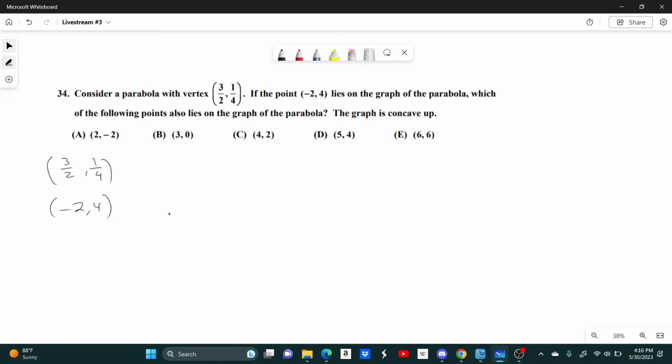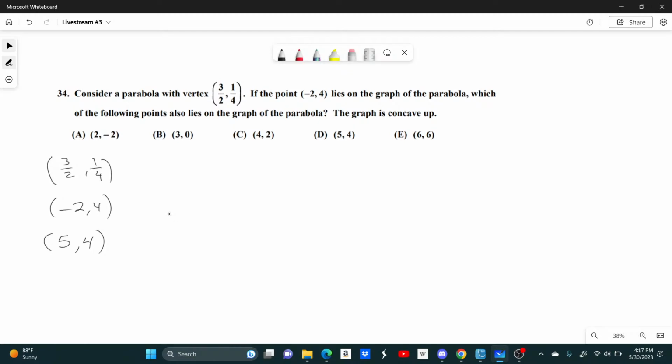And so you have this point, which is 3.5 to the left of that point, right? 3/2, or you can also think of this as 1.5. 1.5 to -2, that's 3.5 to the left. And so we're going to have another point that's 3.5 to the right that has the same y value, right? We can take advantage of the symmetry there.